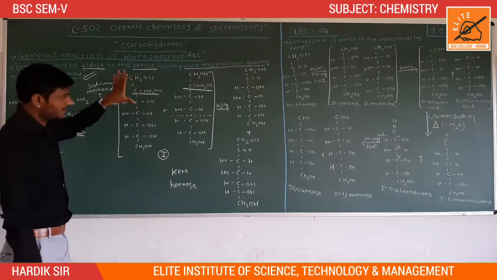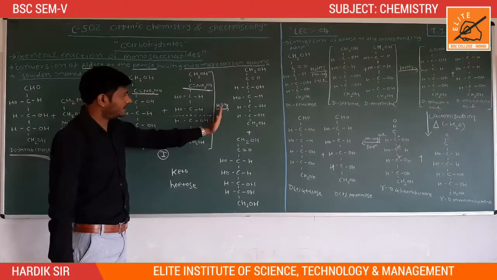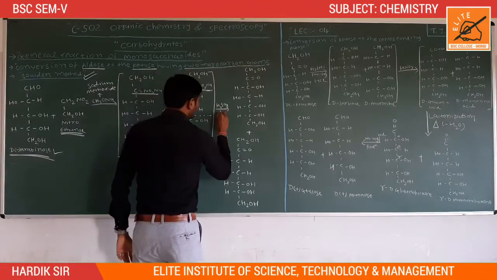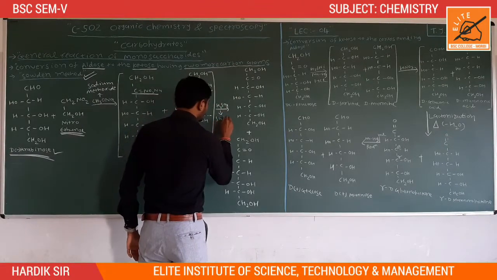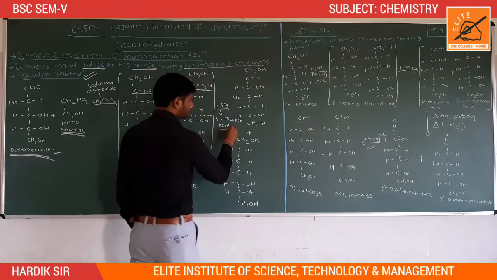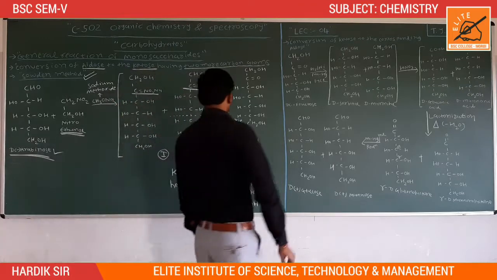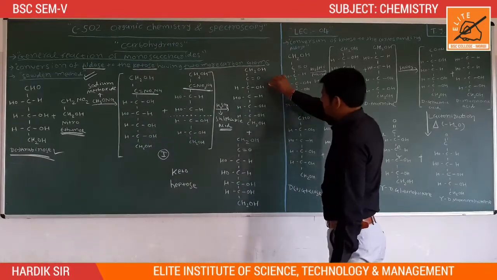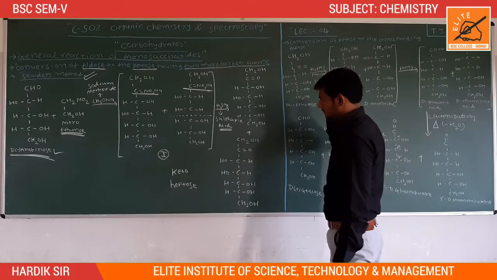Now this intermediate product is reacted with H2SO4, the sulfuric acid, and produces a ketoheptose product.